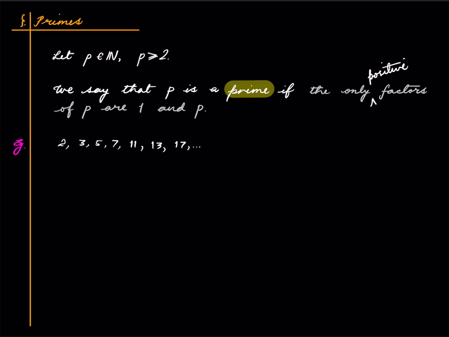But primes are those for which these are the only positive factors. And I'm sure you are familiar with the notion of primes, so I will not spend much time on it. And these are the examples of primes, and you can go on. And there are infinitely many primes, as you might already know, and perhaps we'll give a proper proof of it in the course of these lectures.